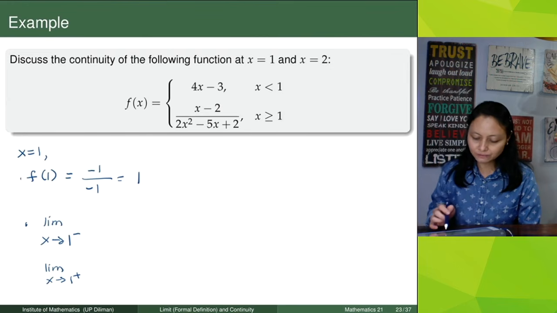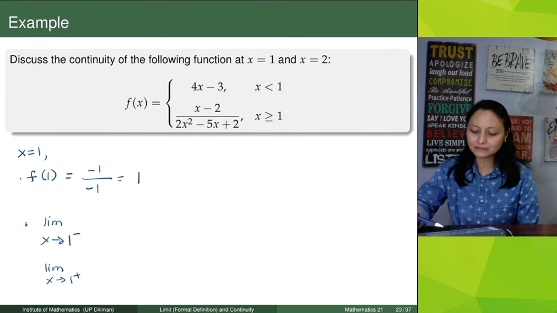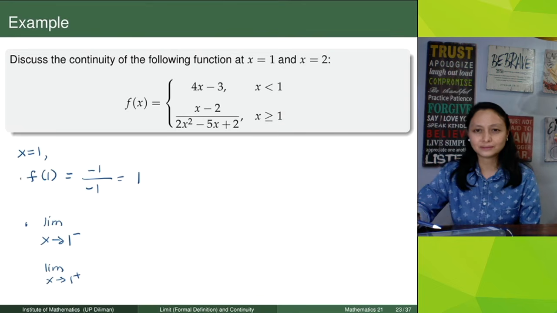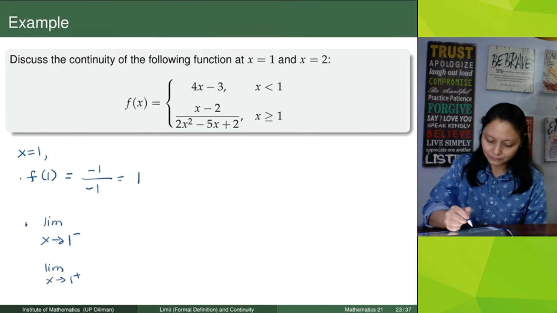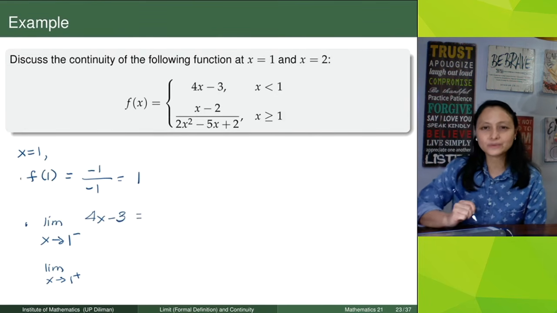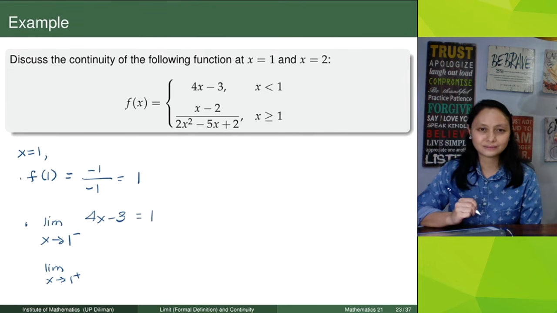So if you want first to get the limit as x approaches 1 from the left, aling piece dito ang nasa left ng 1? Okay? So when you say x less than 1, ito yung nasa left ng 1. Therefore, we will get the limit of this function. So 4x minus 3 as x approaches 1 from the left. And that is equal to 1.